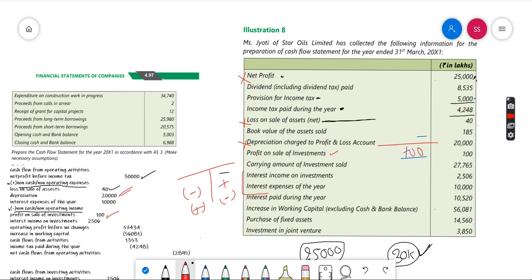See, here you have three things: interest income on investments, interest expenses of the year, and interest paid during the year.